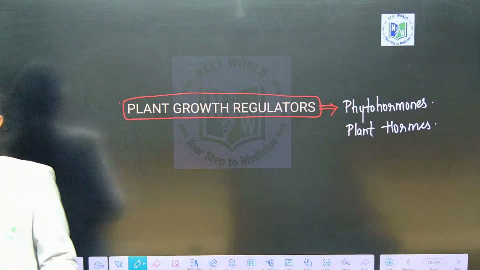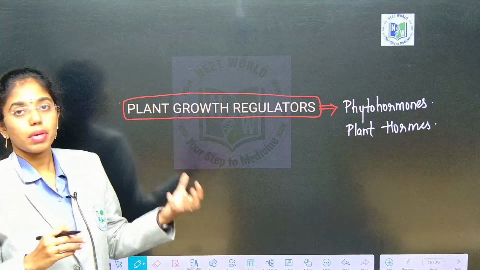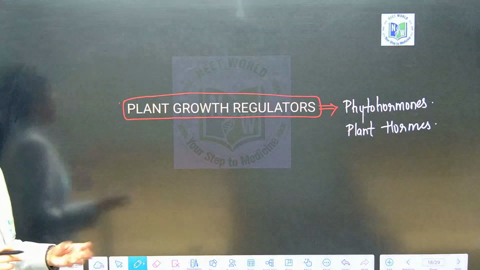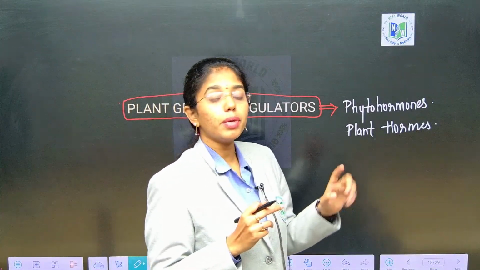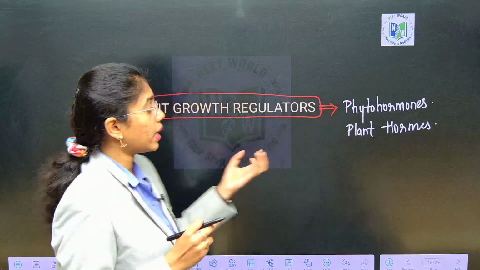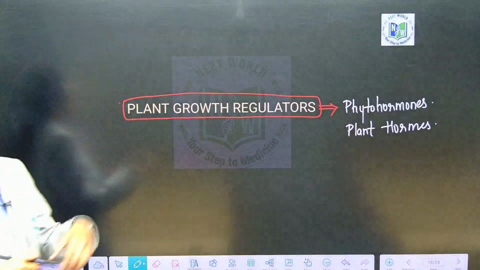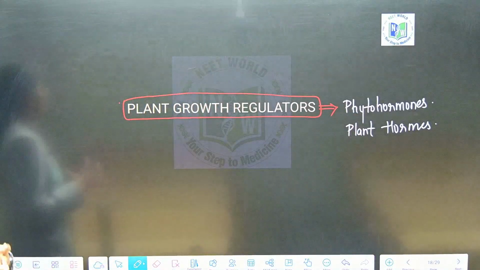They are the small simple chemical components which are synthesized in any part of the plant body, and their function will be on the other end, like it can be on the synthesis region or over any other region of the plant body.